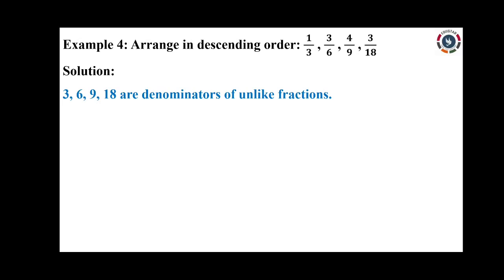To convert unlike fractions into like fractions, we have to find LCM for the denominators. Here 3, 6, 9 and 18 are the denominators. To find LCM, we have to find multiples for the denominators.